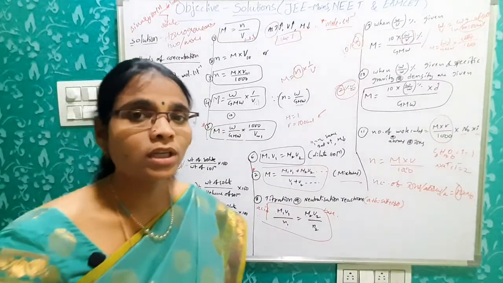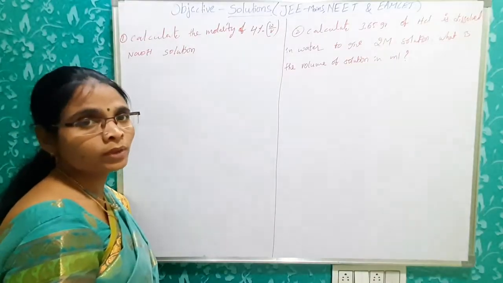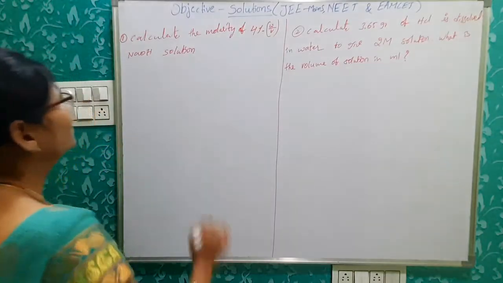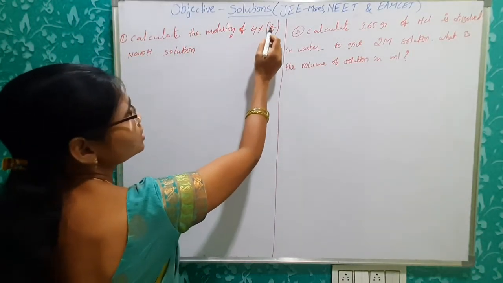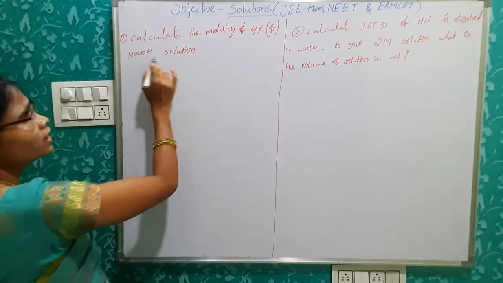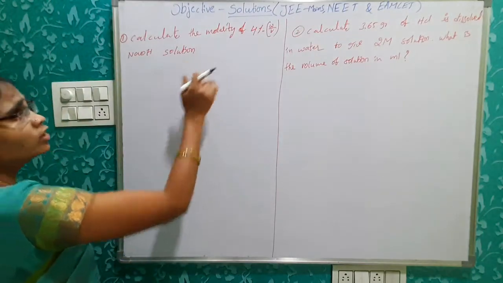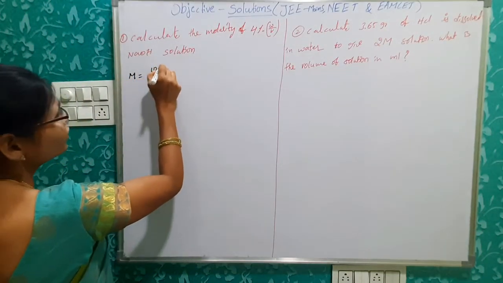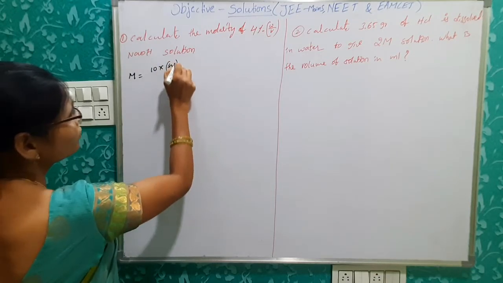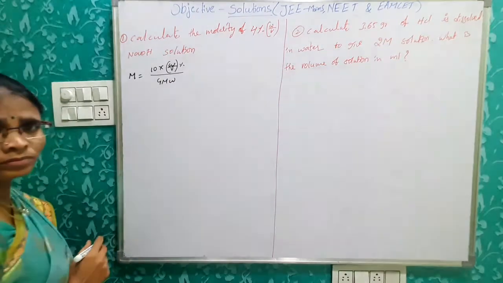Let's do some important objective bits on these formulas. First problem on molarity: calculate the molarity of 4% weight by volume NaOH solution. Weight by volume is given. The formula is M is equal to 10 into weight by volume of that solution by gram molecular weight.